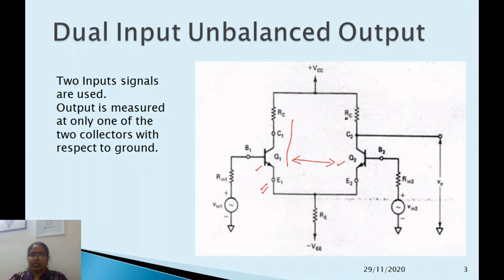Copy means RC is equal to RC, transistor Q1 is equal to transistor Q2, and all the parameters of Q2, alpha, beta, and the various operating voltages of these two transistors should be very similar to each other. This RE is the parallel combination of RE1 and RE2 we had seen in the first part of the differential amplifier.